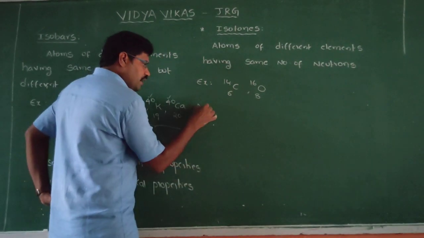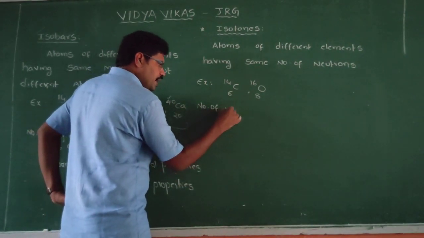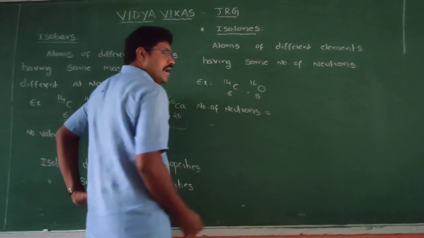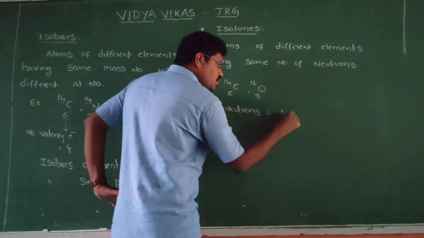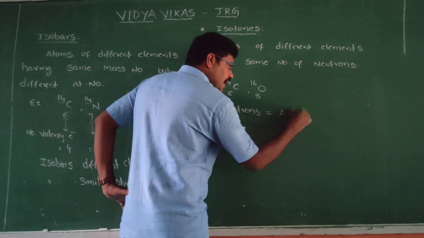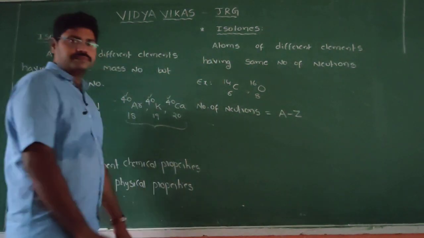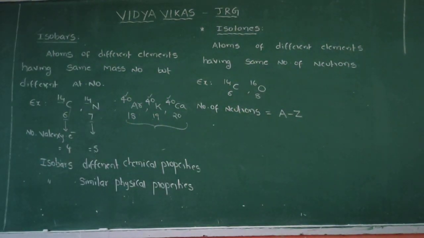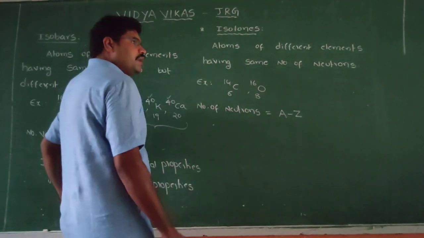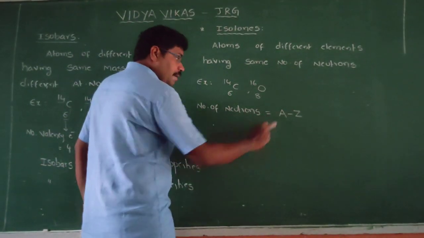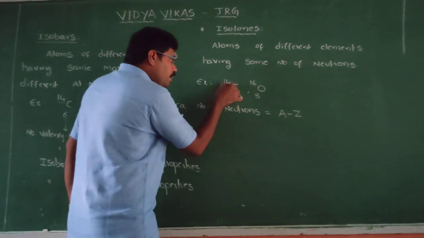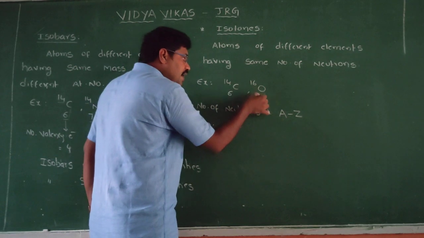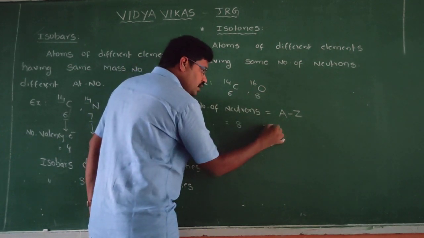If you are ready to calculate, dear students, the number of neutrons in each species, we know the formula to calculate number of neutrons: mass number A minus atomic number Z. That's what we call A minus Z. Students, very, very important one, A minus Z. Means mass number minus atomic number. Means 14 minus 6, 8 neutrons here. 16 minus 8, 8 neutrons here.